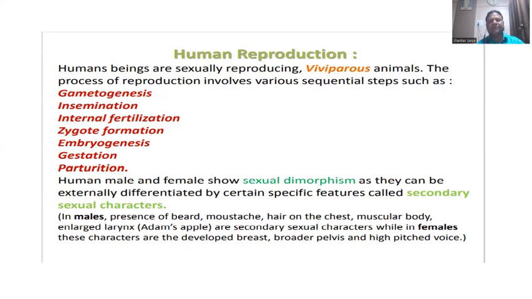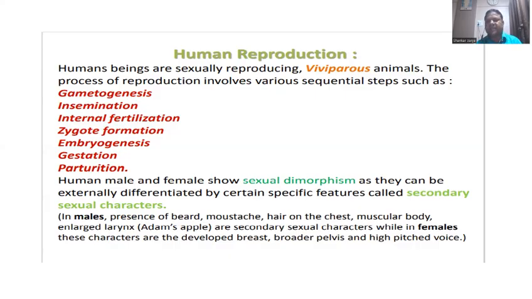Human male and female show sexual dimorphism, meaning externally we can identify this is the male and this is the female. So what kind of characters can we use to identify male and female? Some common features are given here as far as sexual dimorphism is concerned.